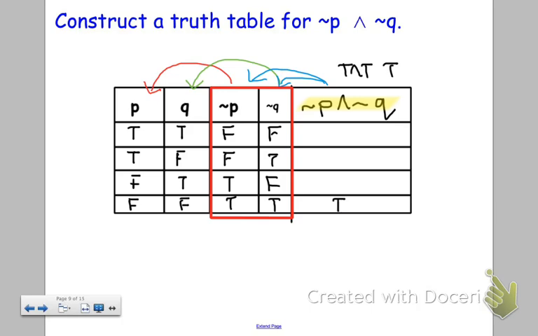So my fourth row will automatically be true. Everything else by default is then a false. So my very final column of not P and not Q reads false, false, false, true.